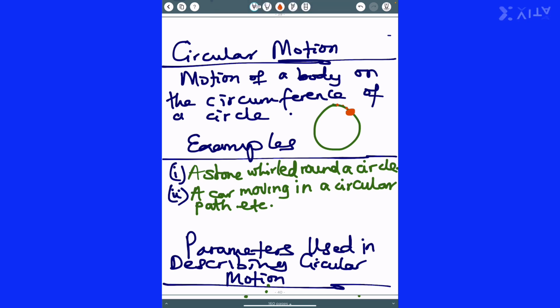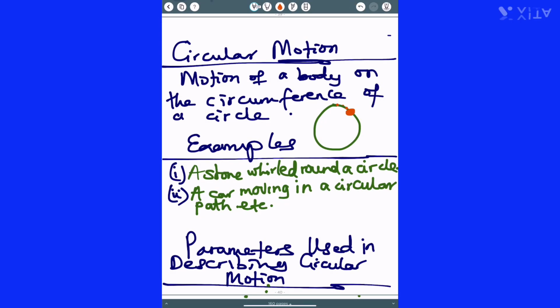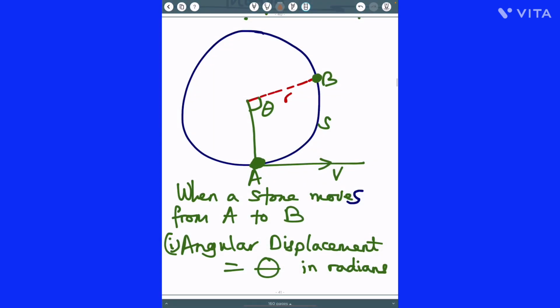So, parameters used in describing circular motion. There are several parameters used for describing circular motion. If an object starts at a point A and goes from that point A to B, it has turned an angle theta.